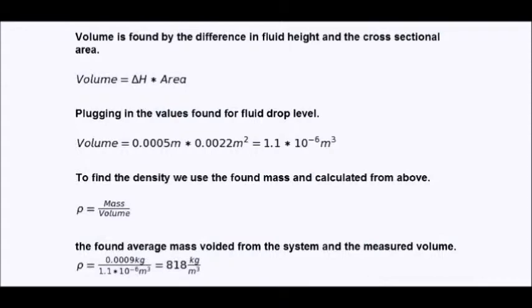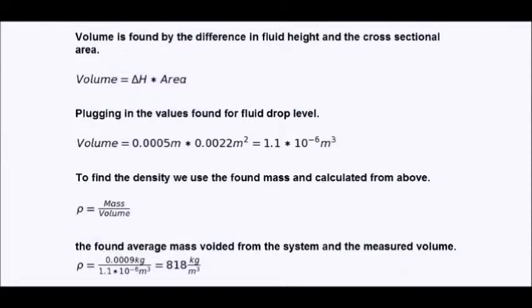To find the density, first we find the volume. The volume is the difference in height times the cross-sectional area. Plugging in our values that we had found earlier, the difference in height averaged to 0.5 meters. The found cross-sectional area was 0.0022 meters squared, giving us a volume of 1.1 times 10 to the negative 6 meters cubed.